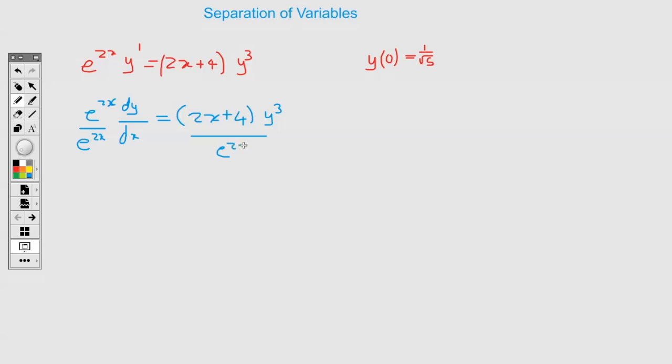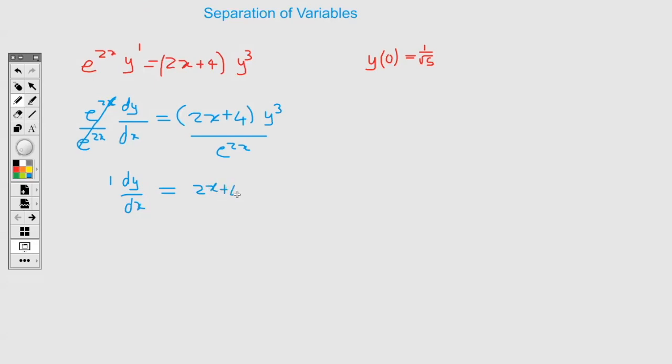Now, e to the 2x into itself cancels, it goes 1 times. So what we have is dy over dx is equal to 2x plus 4.